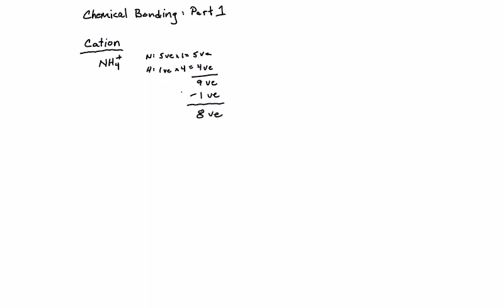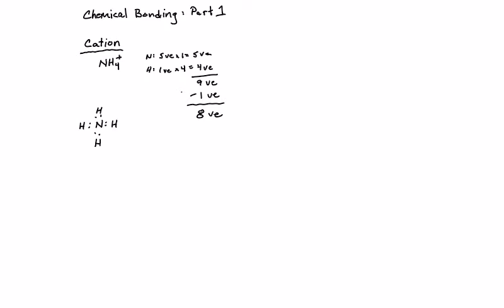That gives us 8 valence electrons to place. And then, just like before, we continue on and distribute the electrons. Again, we see 8 electrons being distributed evenly around the nitrogen. So that nitrogen has its 8 electrons, and each hydrogen has its 2.